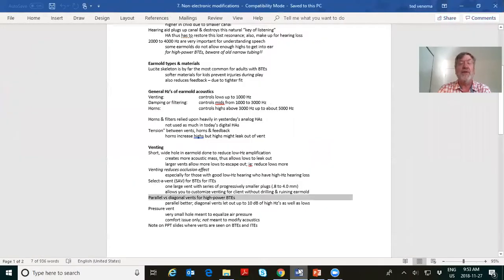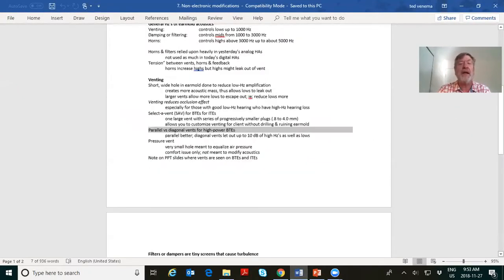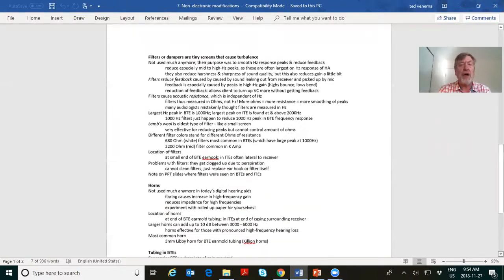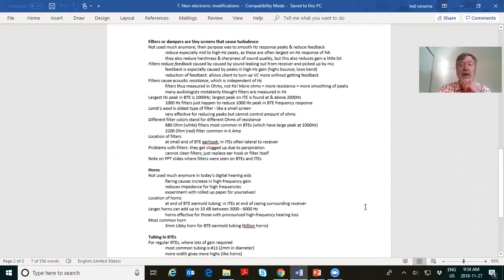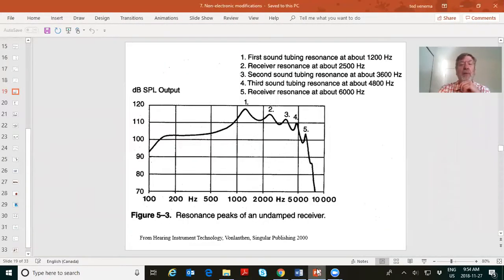Okay, look at our notes now, and we'll talk about filters. So let's move on down to the top of page 2. The top of page 2 is dealing with this particular PowerPoint slide. This is a frequency response of some imaginary hearing aid in dB/SPL output.